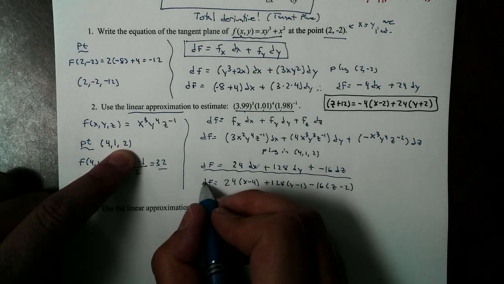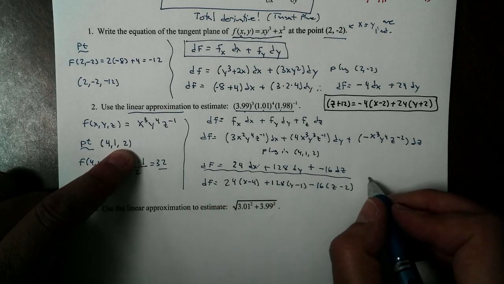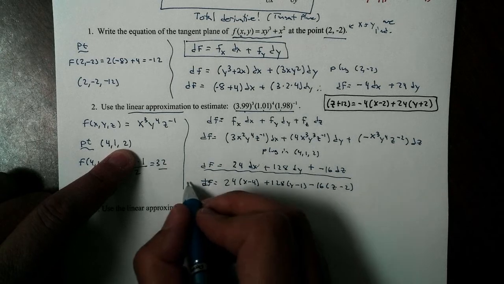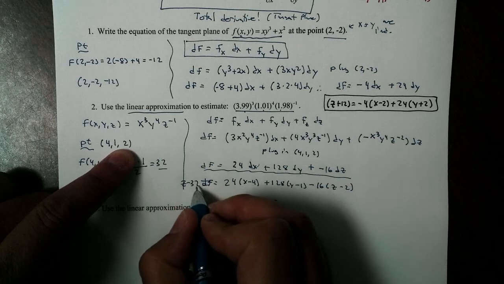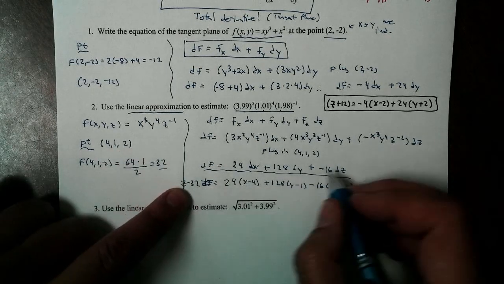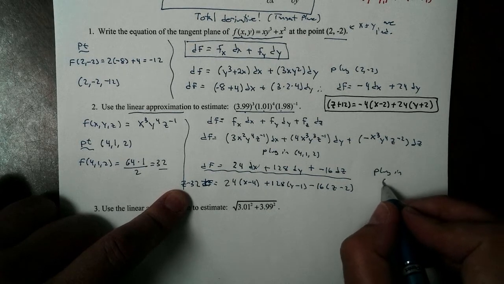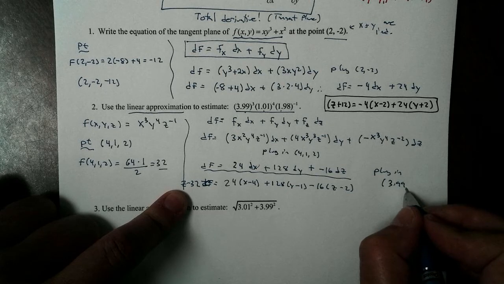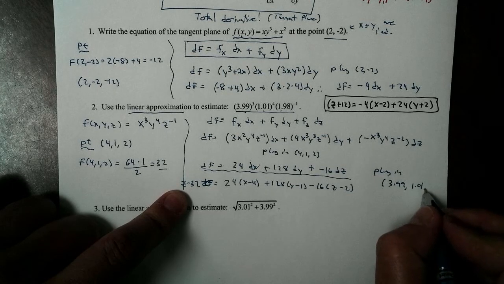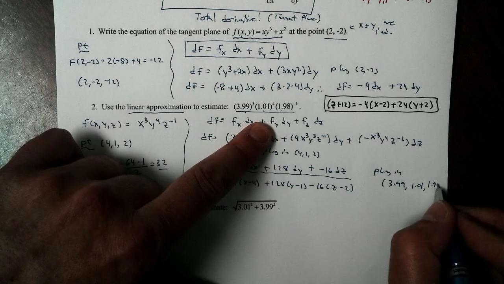And this is just going to become my far left. So now I'm, whoops, forgot this one. And that should be z minus 32 right over there. I always forget about that part. Please don't forget about that. And then we're going to plug in the point 3.99, 1.01, and then the 1.98.